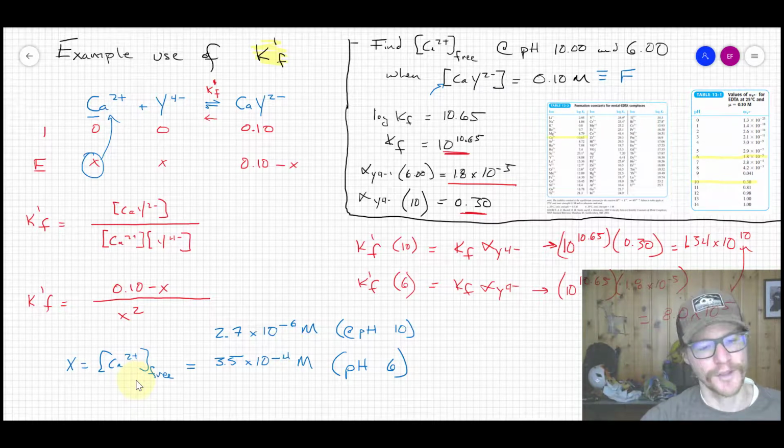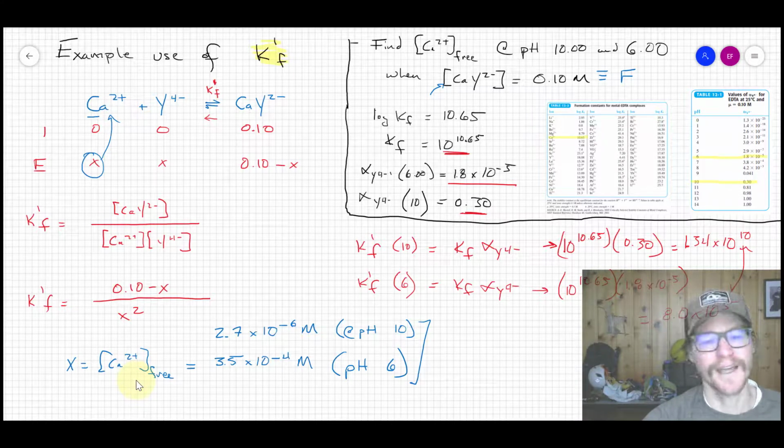Then if you switch over to pH 6, the fraction of Y4 minus goes down considerably, and our free calcium 2 plus concentration goes up by about 2 orders of magnitude to 3.5 times 10 to the minus 4. And that makes sense simply because there's less Y4 minus in the solution at that pH.